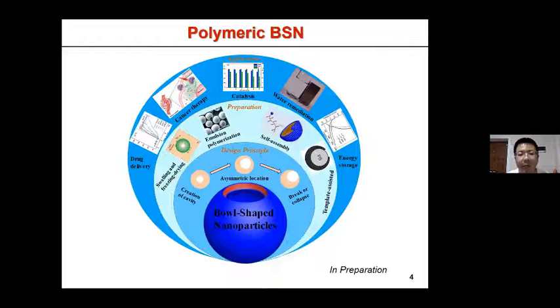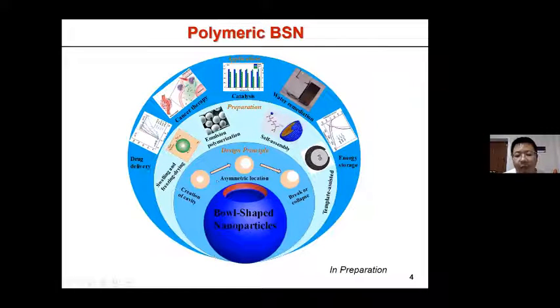Recently, we are preparing a review article about bowl-shaped nanoparticles. In this review article, we summarize the design principle, preparation methods, and applications of bowl-shaped nanoparticles. Firstly, in order to obtain the structure of bowl-shaped nanoparticles, we need to create a cavity in the sphere.